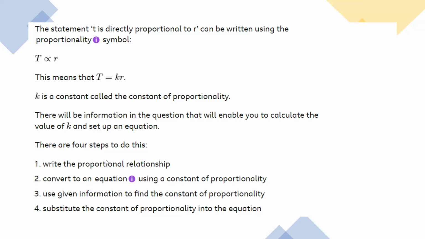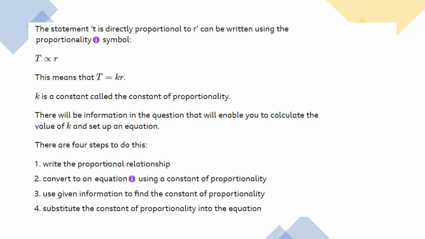If you want to remove that proportionality symbol, you have to write a constant, which is K. You can't keep proportionality in mathematical equations. You cannot equate a proportionality sign, because you don't know what it is.